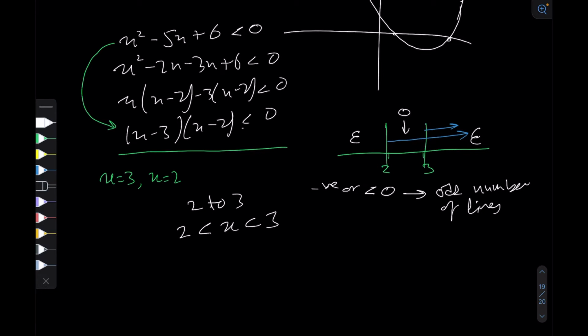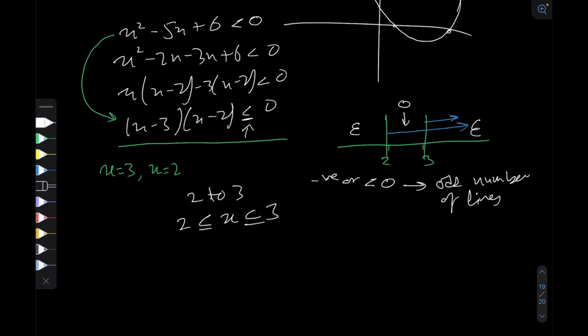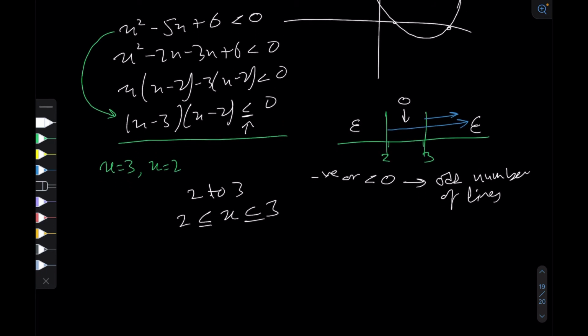Mind you, if this was less than or equal to, you will just put an equal to over here too, because this includes the expression being 0, which is when x is 3 and x is 2. Now let's say for the same quadratic we want the values for which this is positive.